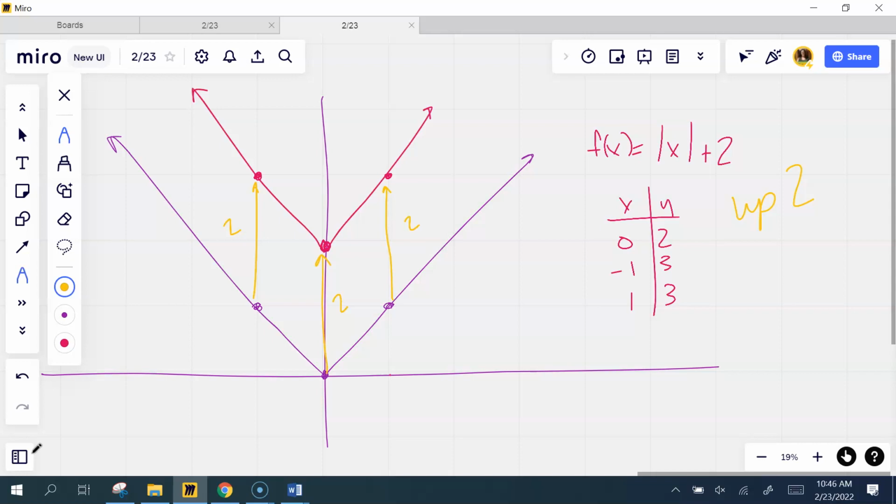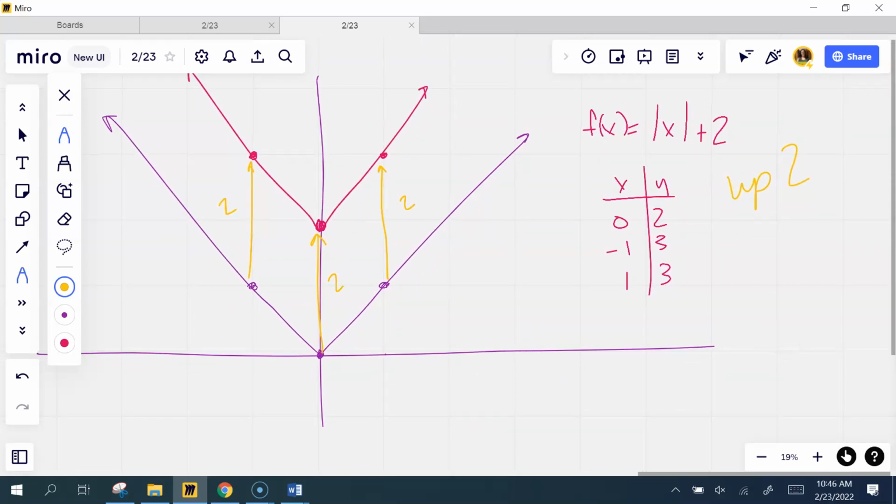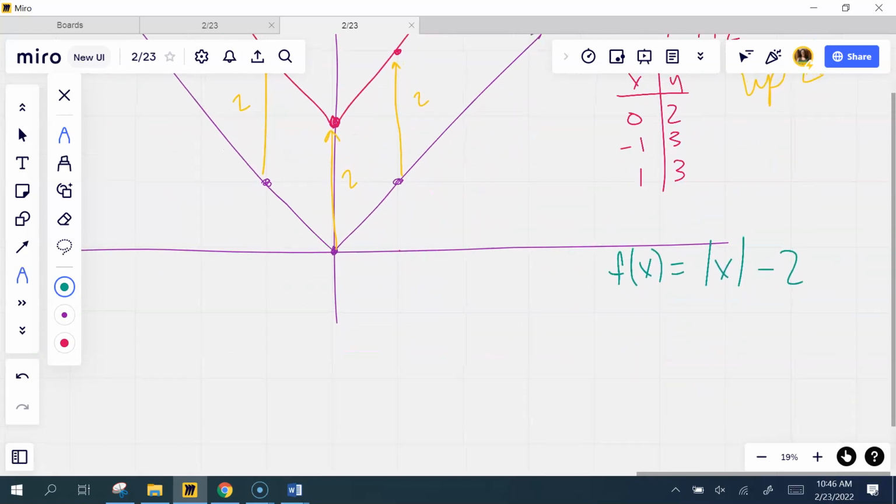Make a guess, make a conjecture. What do you think is going to happen if I change that plus 2 to minus 2? Oh, it's going to go down. Down from where? Down from the red or down from the purple? Always from the purple. So if I did minus 2, in fact, watch how much quicker.